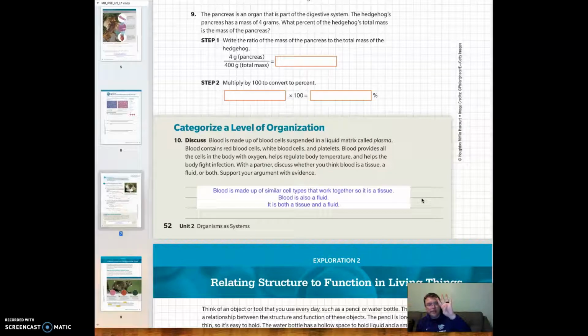And then again, if we have large complex organisms, you put those organ systems together to make that organism. All right, cells, tissues, organs, organ systems, and then organisms. Make sure that you know those, and make sure you know those in order from the simplest with cells all the way up to the complex organism.